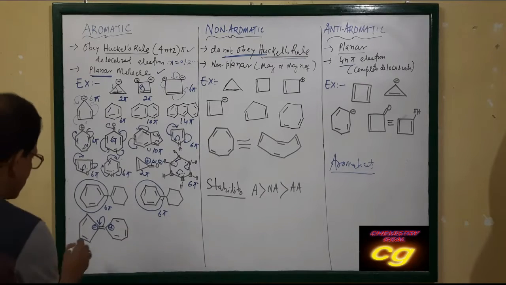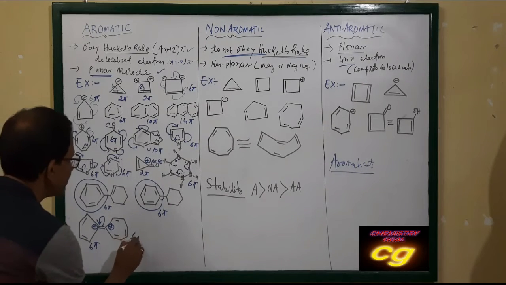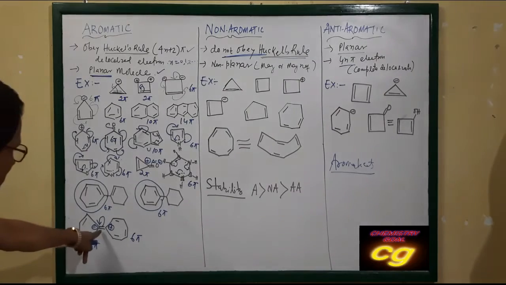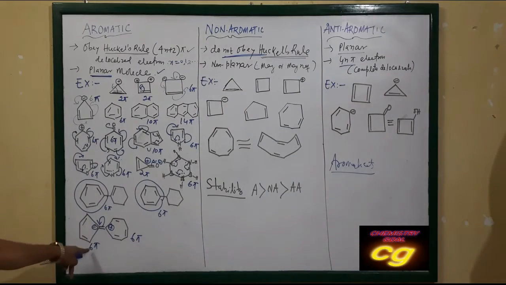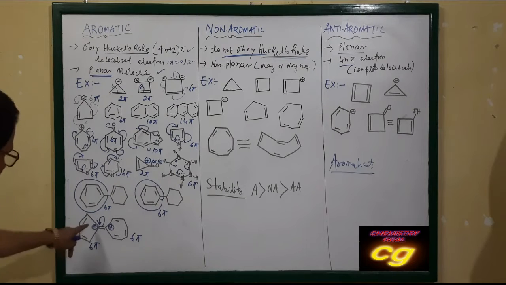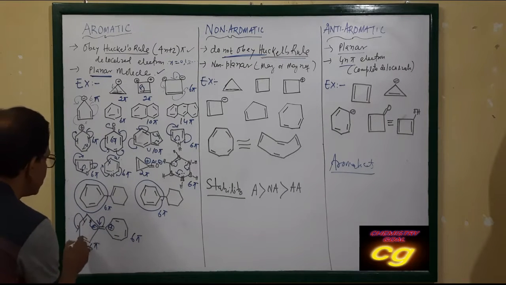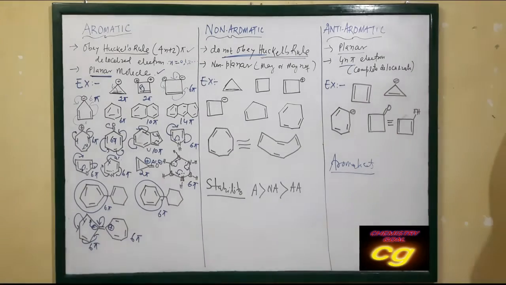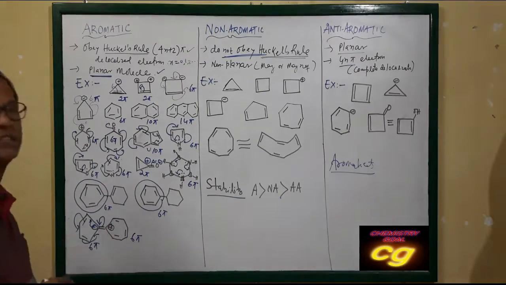Then this ring is 6 pi and this is also 6 pi. After breaking of this pi bond towards the smaller ring, it will become a minus charge. Now it is delocalized. This negative charge can move in this direction like this. So it is 6 pi, and it is also 6 pi. So this molecule is aromatic.